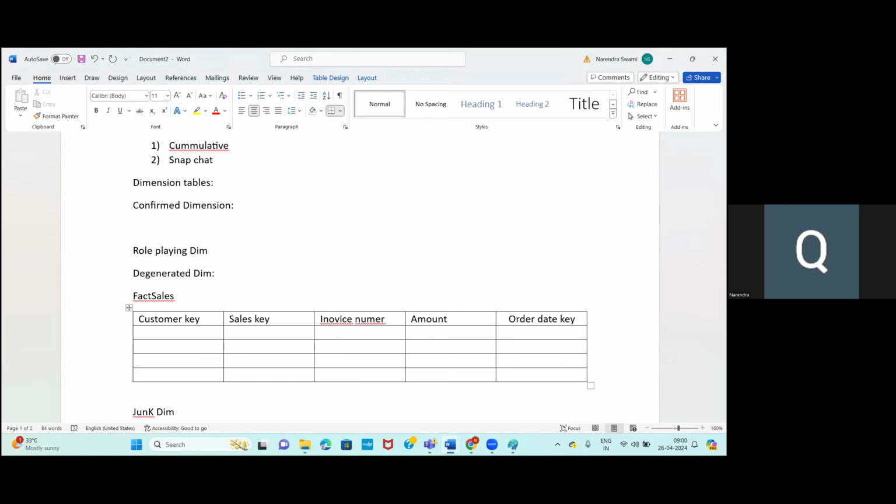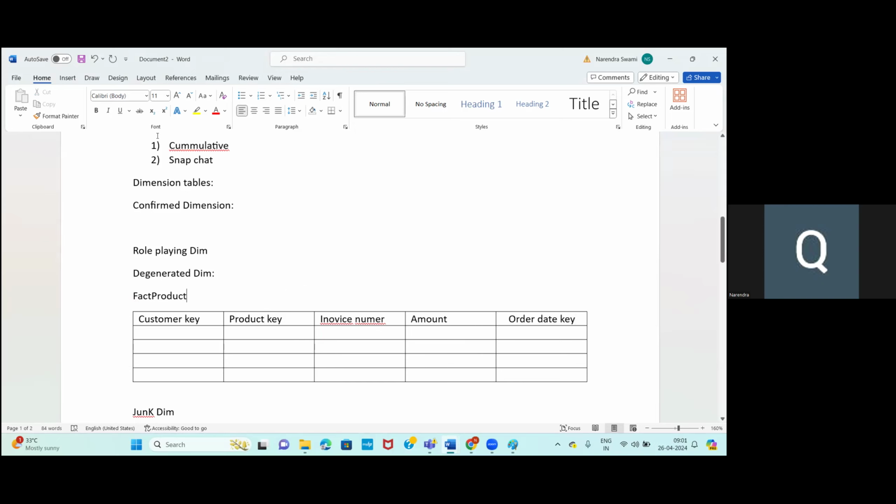Can you derive anything here? Simple, right? On a particular day, how many products are sold? How many sales happened? Instead of sales, let's take fact product, to be clear. For a particular product, how many products are sold on a particular day, by the number of invoice numbers; a count of invoice number on a particular day is enough, right?